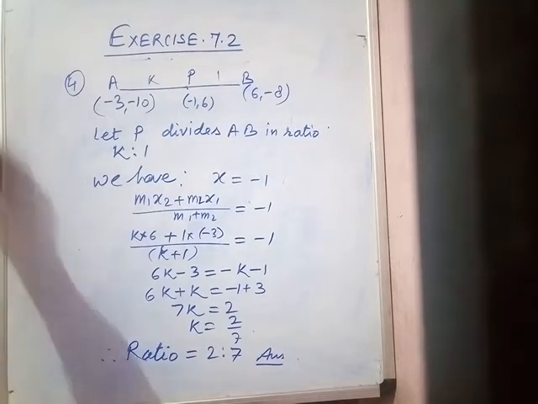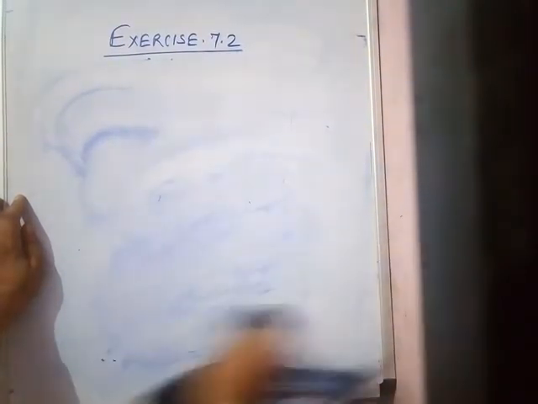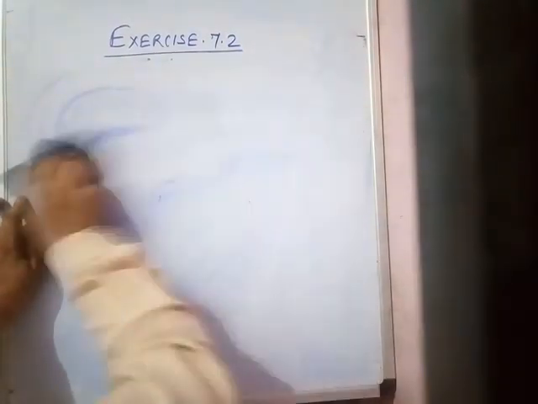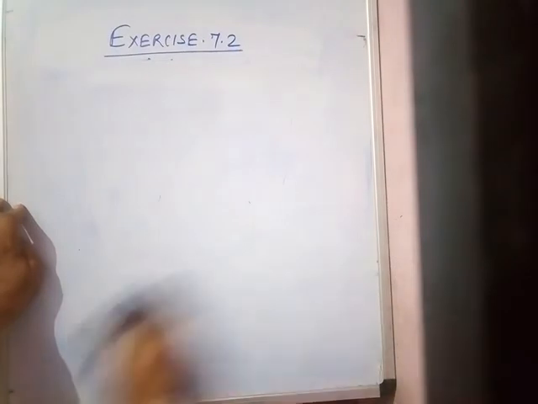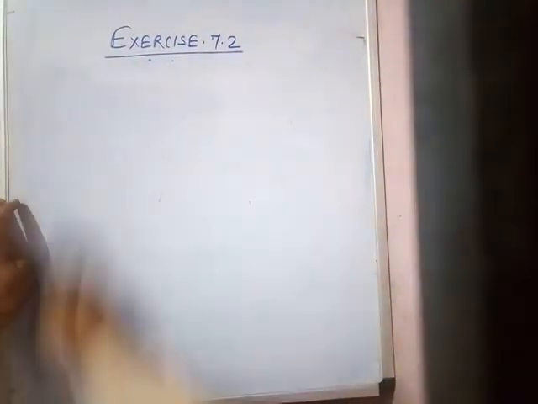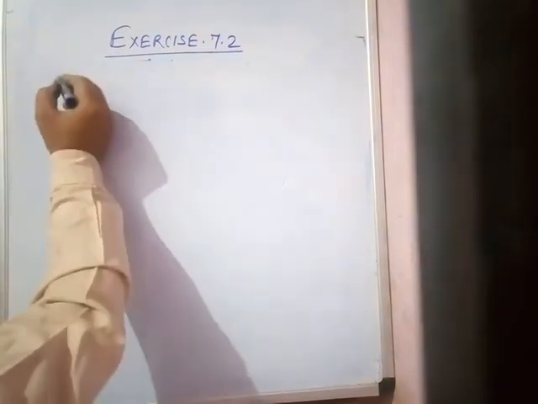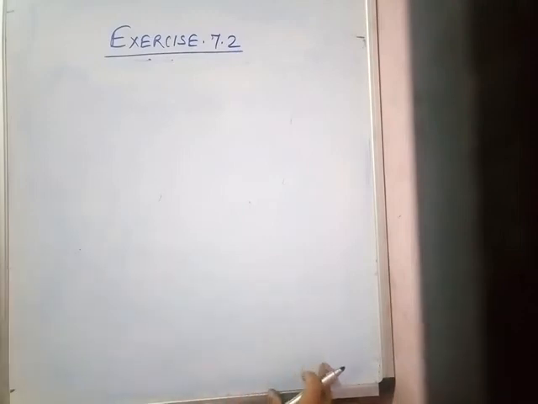Next question, that is question number 5. Find the ratio in which the line segment joining A (1, minus 5) and B (minus 4, 5) is divided by the x-axis.